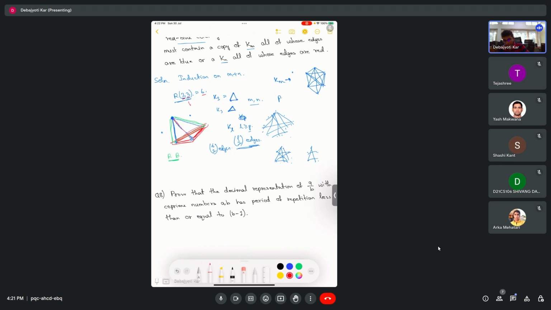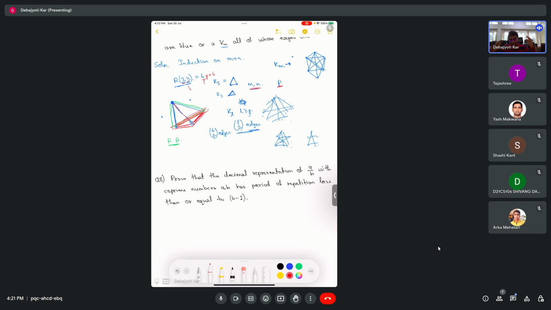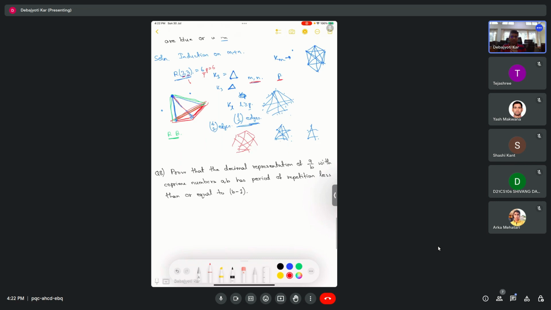In general, we want to say that there exists a p, in this case my p was equal to 6, such that if we color the edges of the complete graph on p vertices arbitrarily with two colors, red or blue, then no matter how we color, we will always be able to get either a blue complete graph on m vertices or a red complete graph on n vertices. This is the definition of the Ramsey number. The Ramsey number is the minimum possible number of vertices in such a graph.